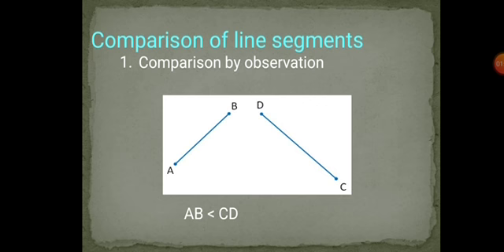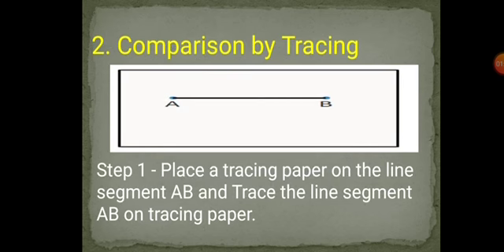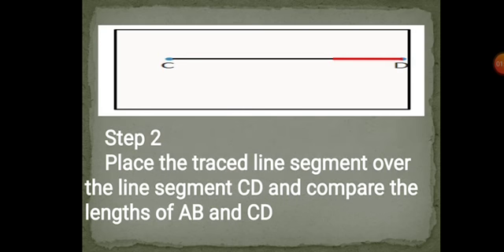The second way to compare is comparison by tracing paper. We use a tracing paper for that. First, we'll place the tracing paper on the line segment and trace the line segment AB on tracing paper. After tracing it, the same tracing paper we will place over the line segment CD and compare the length of AB and CD.